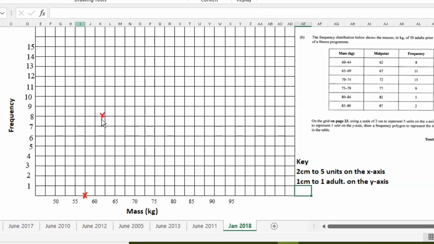And next, so we did this one, let's just mark it up. Next we have 67 as the midpoint with a frequency of 11. We use midpoints to plot frequency polygons, so we have a midpoint of 67 with a frequency of 11.